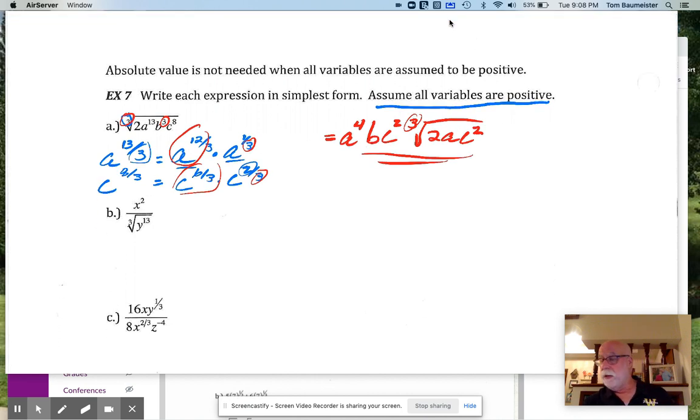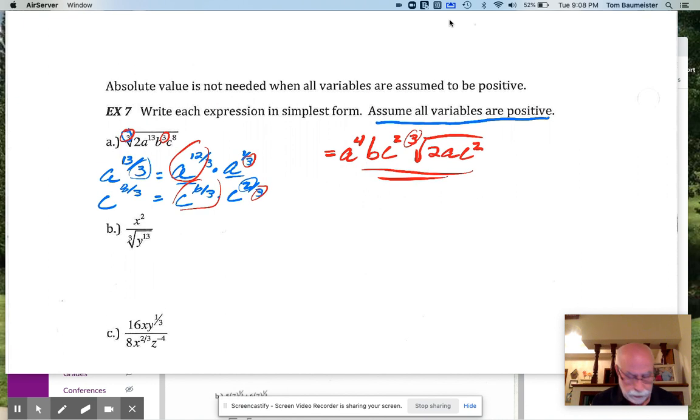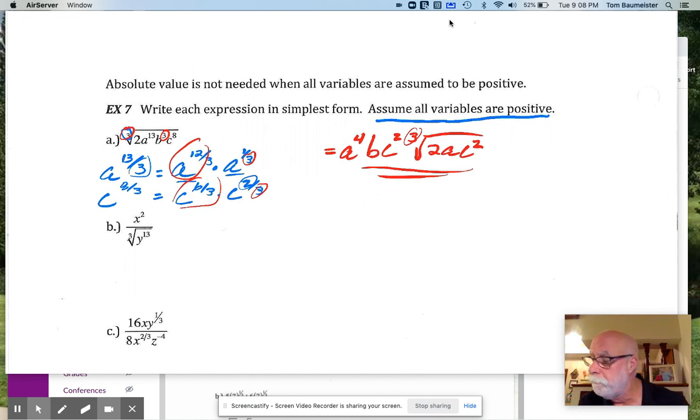And let's do the same thing on C here. I mean B. So on B here, let's see here. What can I do? All right. I have 13 here. All right. So I have y to the 13 thirds on the bottom. Okay. I also have that radical symbol underneath.